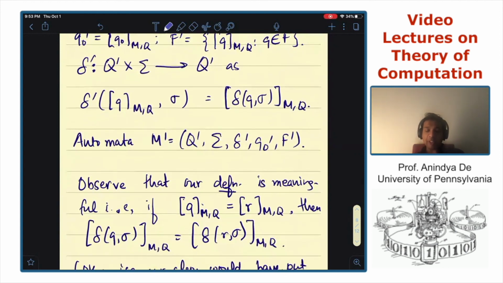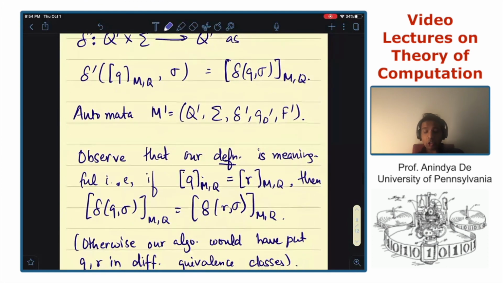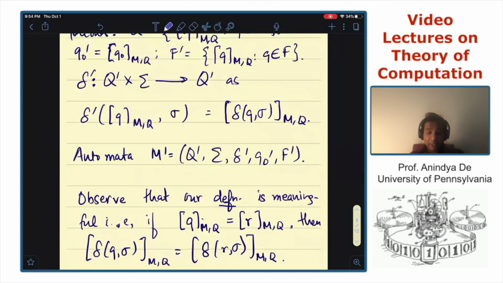When I say I have to show that the definition is well defined, what we have to show is that if you start with two equivalence classes which are the same, meaning suppose [q]_M equals [r]_M, so q and r fall in the same equivalence class with respect to the equivalence relation R_{Q,M}, then if you read symbol sigma from q and read symbol sigma from r, you go to states which continue to be in the same equivalence class. Only if this happens is this definition of the transition function well defined.